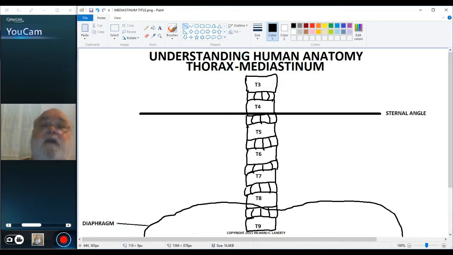So now we have some reference points with which to proceed with our diagram. We have the vertebra, we have the diaphragm, and for reference we have the level of the sternal angle.